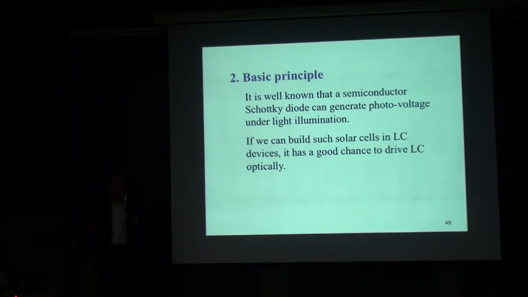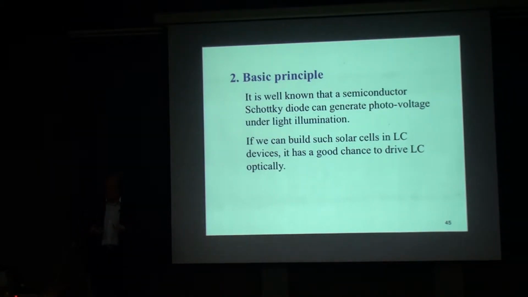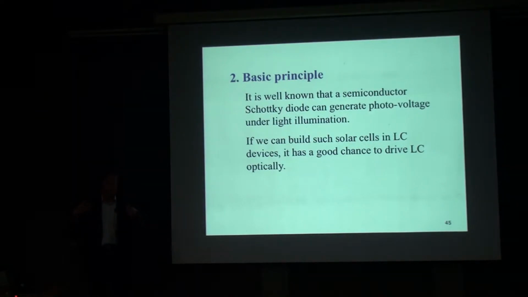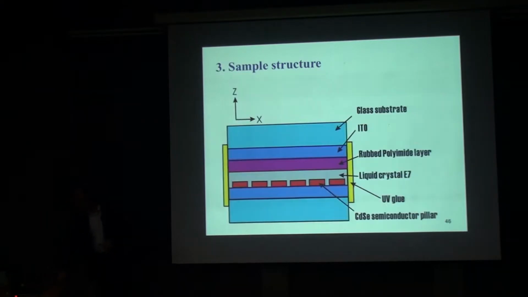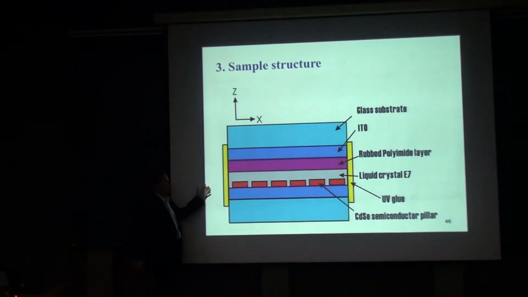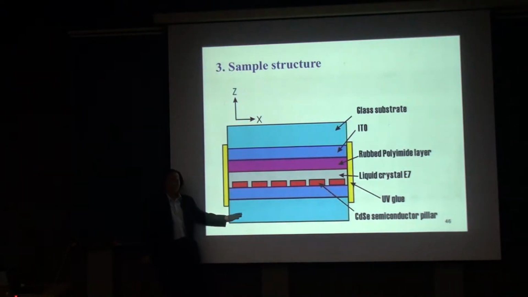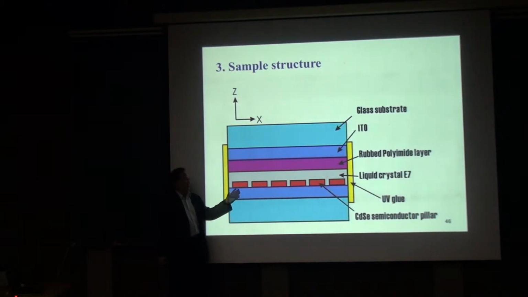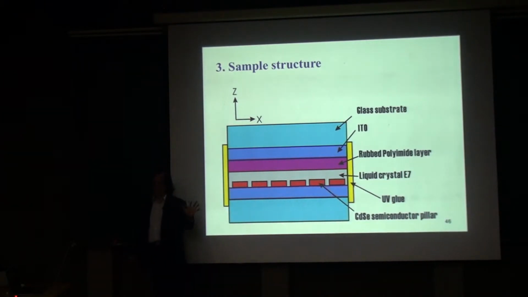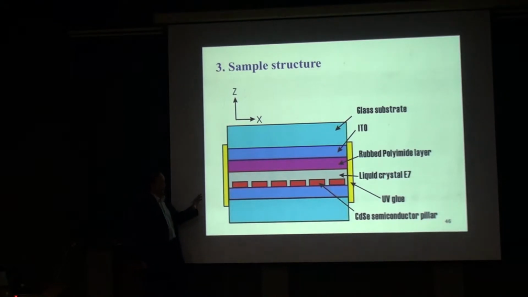Okay. So we just go ahead and fabricate a device. That device has the liquid crystal, and inside the liquid crystal device, we have a built-in solar cell. And this device is like this, okay? This is just different from the conventional liquid crystal device.